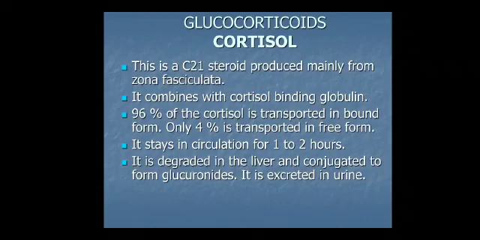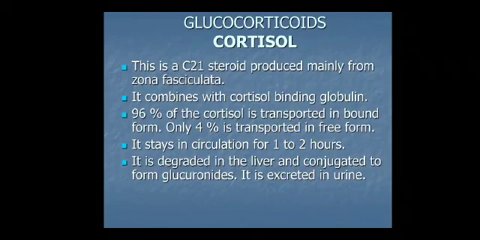Now we'll see how it is transported in the plasma. What is its value? How much is secreted per day? Usually 90 to 95% of the glucocorticoids are transported in the plasma with the plasma protein, that is with the globulins.